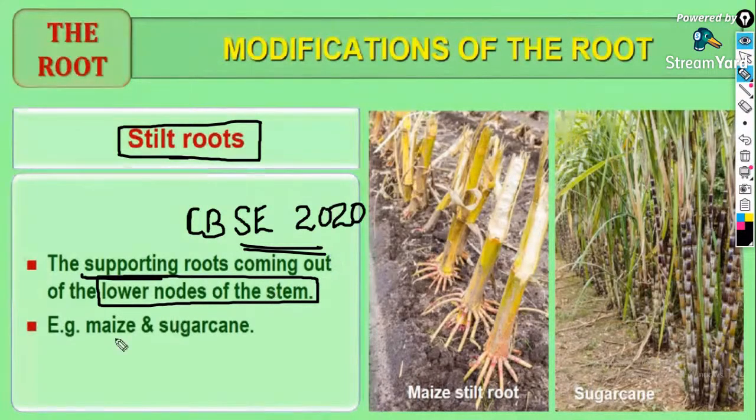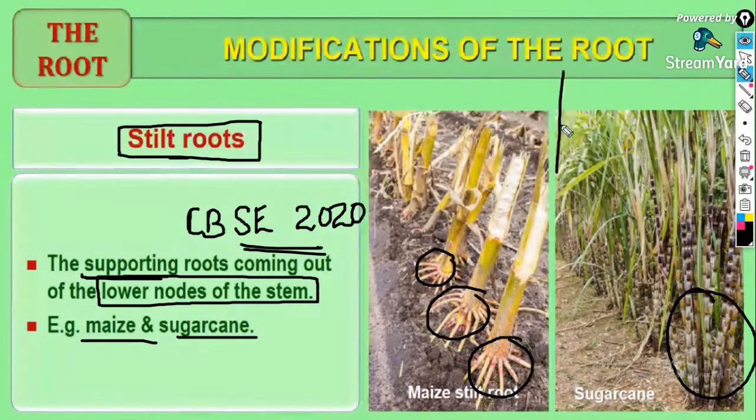Stilt root is observed in maize and sugarcane. Guys, this is the maize root. This is the sugarcane. For example, in sugarcane, you might have seen certain projections like this, small white projections. You're eating the stem, that is the stem of the sugarcane.